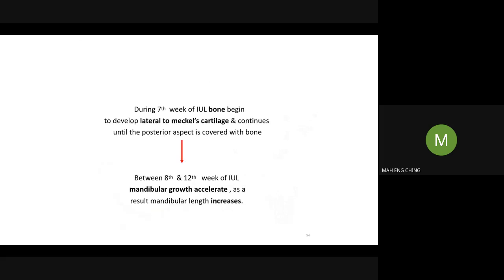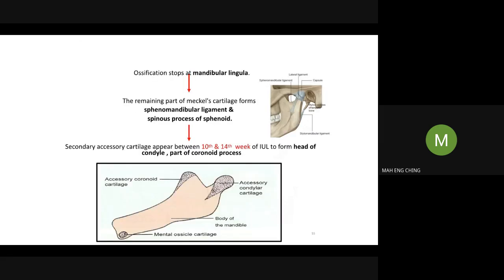These three parts are by endochondral ossification, from the secondary cartilage. Then slowly this cartilage will disappear: the coronoid process will disappear, the symphysis will disappear, and the condylar process will be left behind with a thin layer at the TMJ.